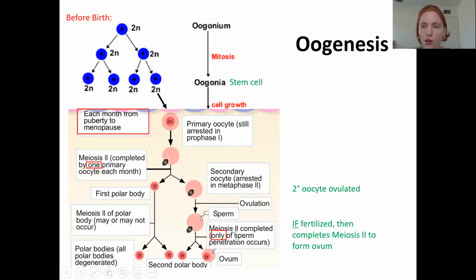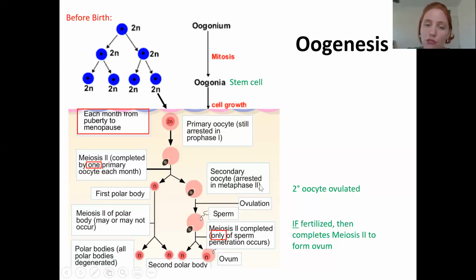Okay, so let's look at what's different. Number 1, 2 arrested phases. First, before birth, they're all going to be arrested in prophase 1, and they will continue to be in prophase 1 unless they are selected to be ovulated. And then as they develop, they'll go into the second meiosis, and they'll be arrested again in metaphase 2.